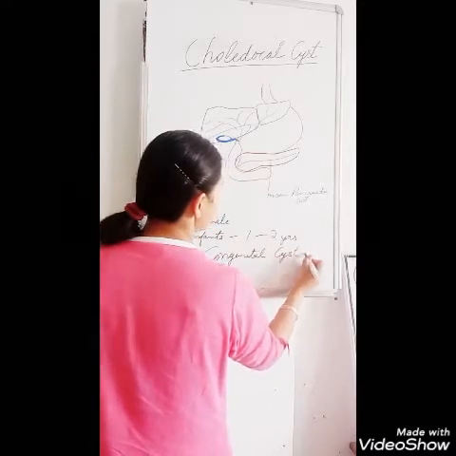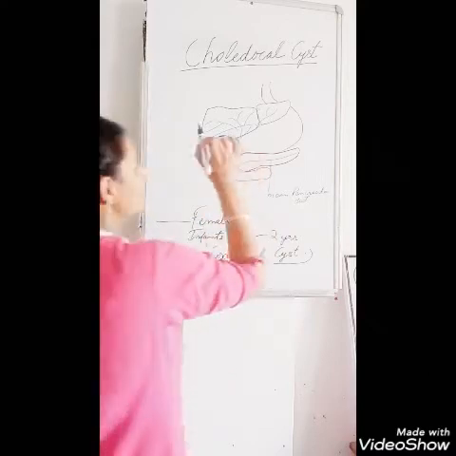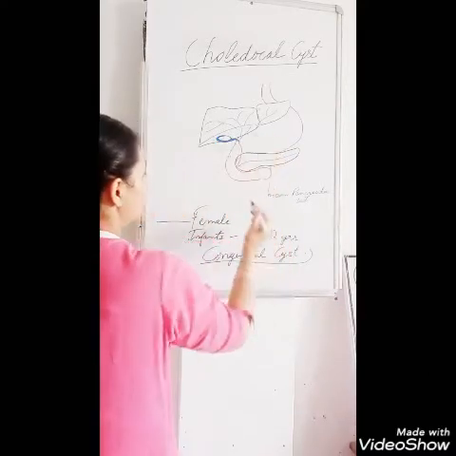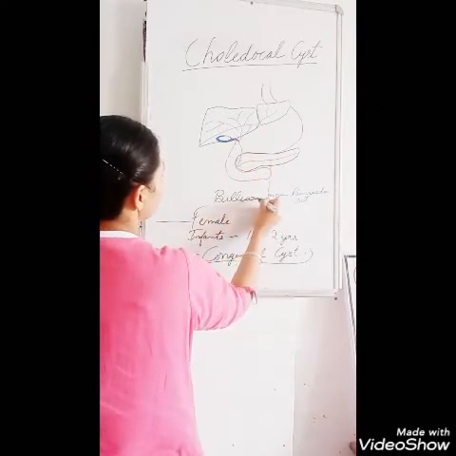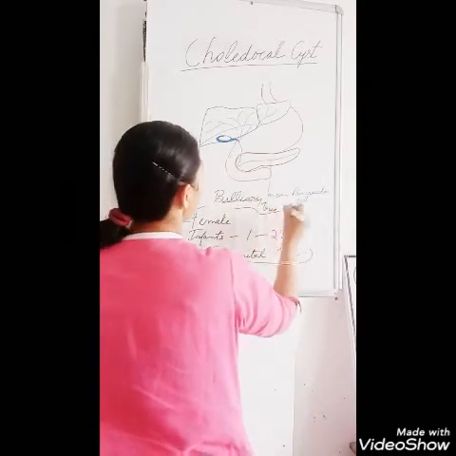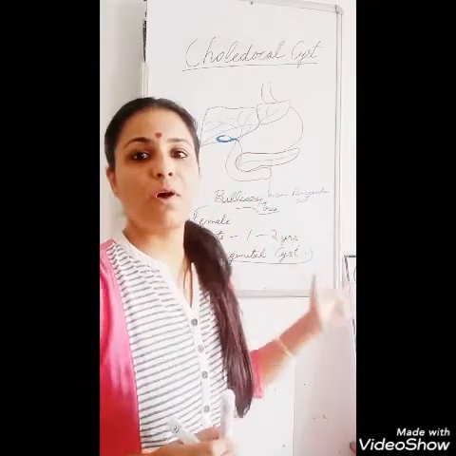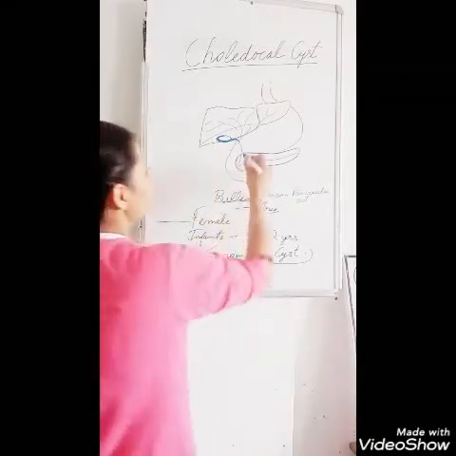cyst, and this cyst is formed in the biliary tree, basically in the common bile duct. This is the biliary tree. So the cyst is formed in the bile duct network, commonly in the common bile duct.